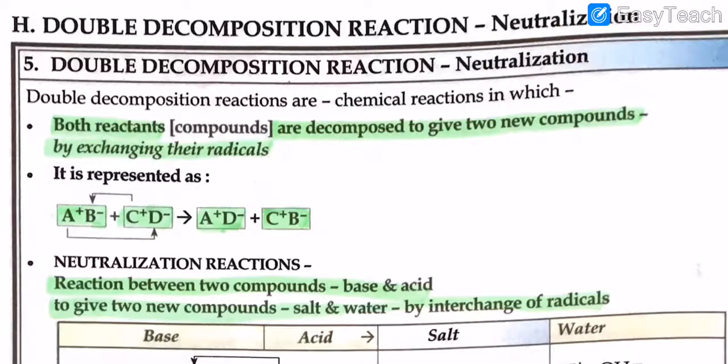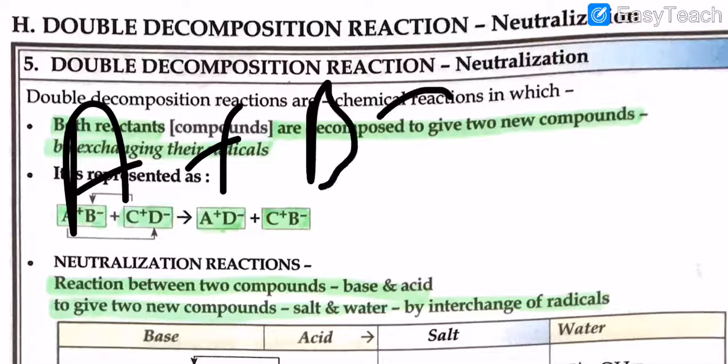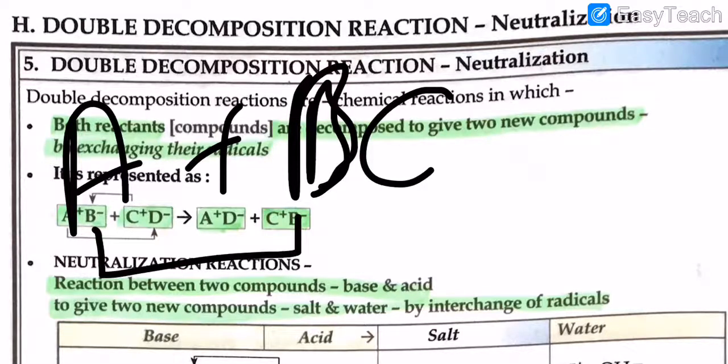Then you have the displacement reaction, in which you have A plus BC, and among A and B, whoever is higher in the electrochemical series that we see, right? The K, Na, Ca, Mg, Al, Zn, Fe, and so on.